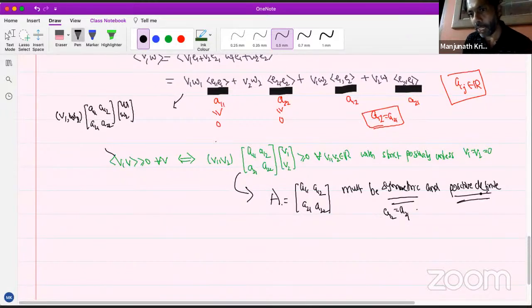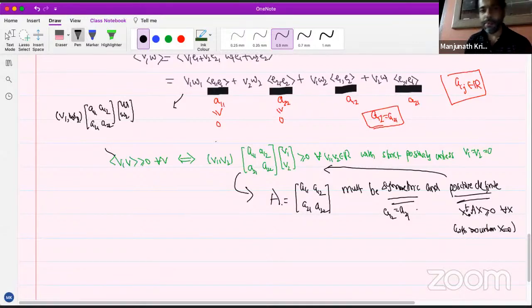And positive definite is the condition, usually positive definite also assumes symmetry, that X transpose AX is greater than or equal to 0 for all X, with strict positivity unless X is 0. So that is what is called positive definiteness.